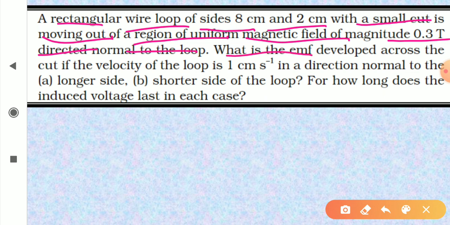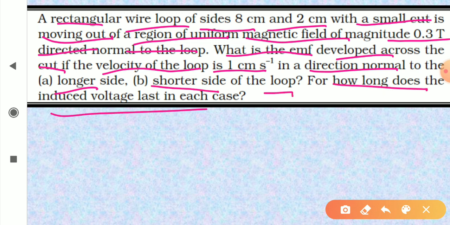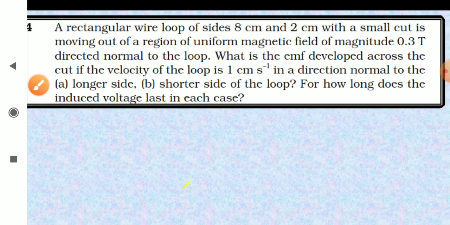What is the EMF developed across the cut if the velocity of the loop is 1 cm per second in a direction normal to the longer side or shorter side of the loop? For how long does the induced voltage last in each case?